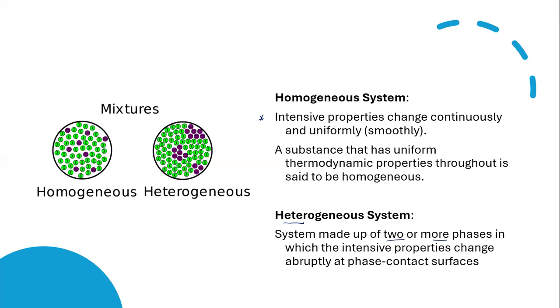You understand? So that means we are talking about a heterogeneous system. But here we have the purple mixed with green. These particles are mixed well together, so they do not indicate that they are separated from each other. Therefore, here we're talking about the homogeneous system. I hope that makes sense.